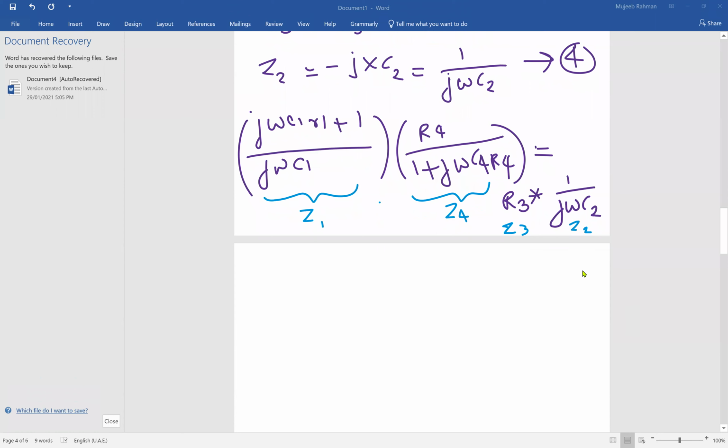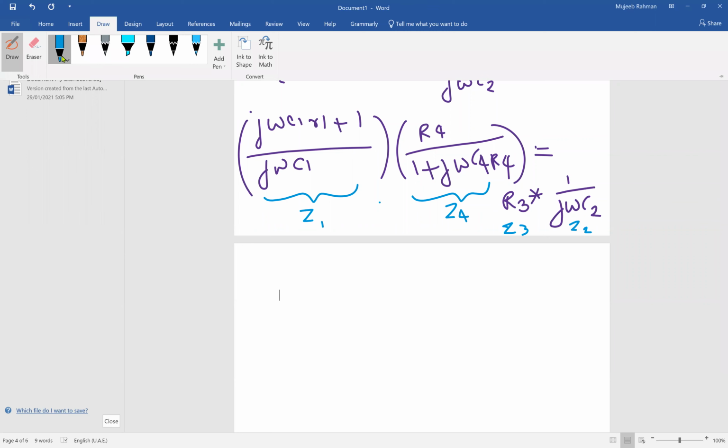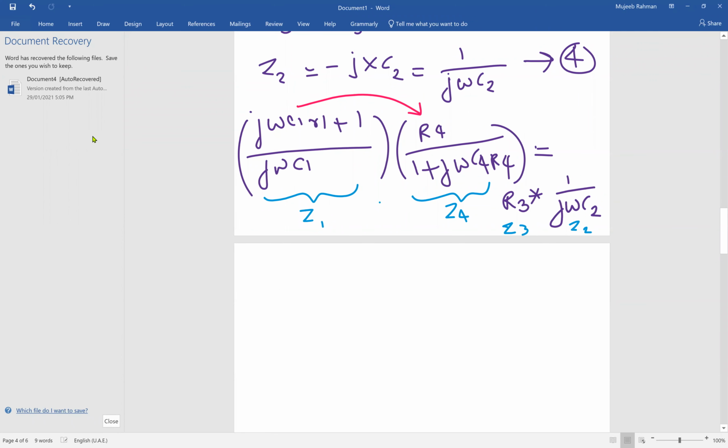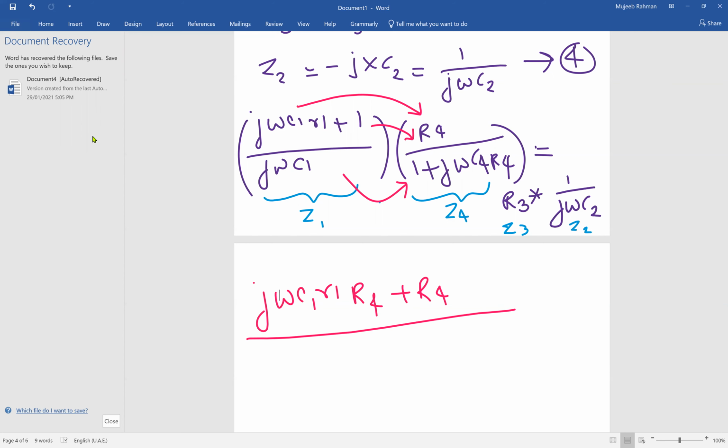So if we try to simplify this function, we will get the result. This part we are going to multiply here, then this part is going to multiply here, and we'll find the following equation. So j omega C1 R1 into R4 plus R4, the whole thing divided by, when you talk about the denominator, first term we have to multiply with 1.